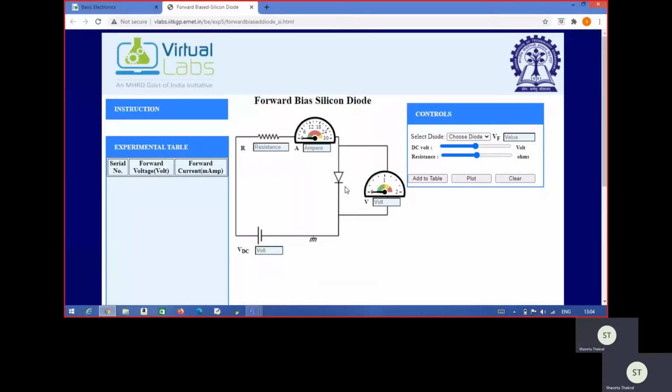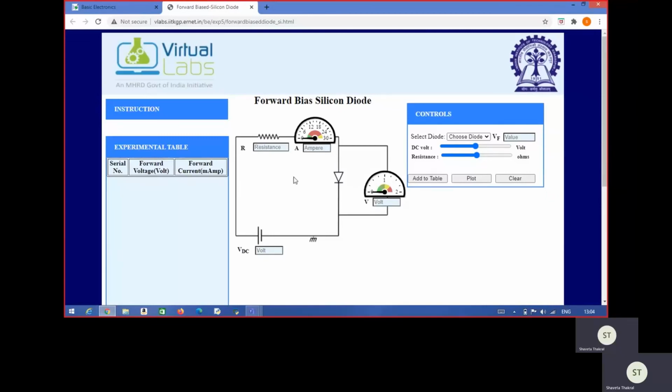As we need to draw the VI characteristics, that is the plot between the voltage and the current, we will note down the voltage across the diode and the current flowing through the diode via the voltmeter and ammeter.